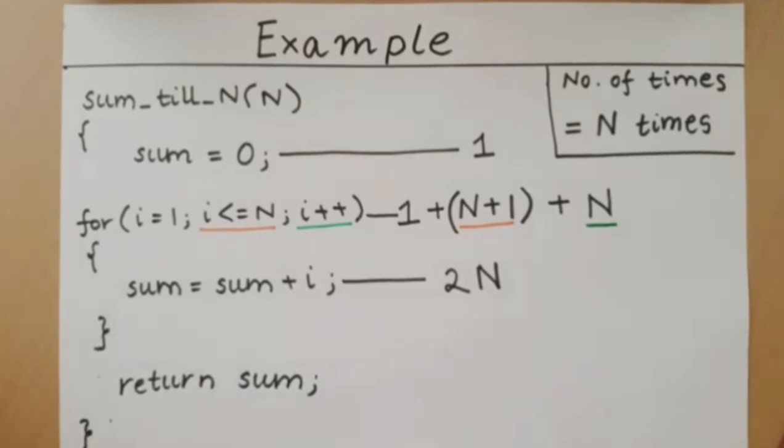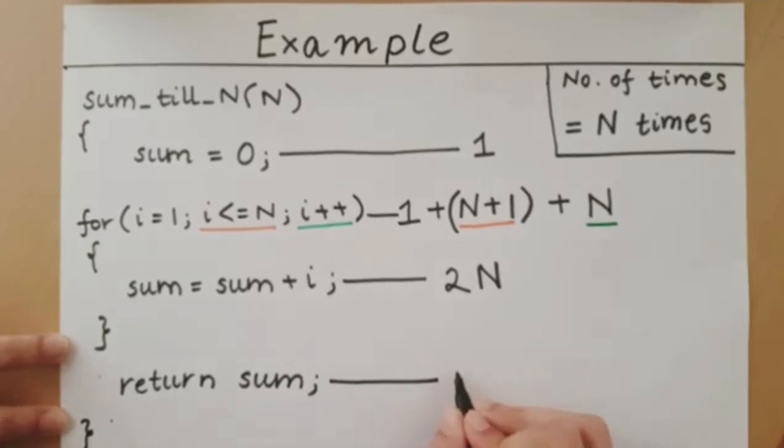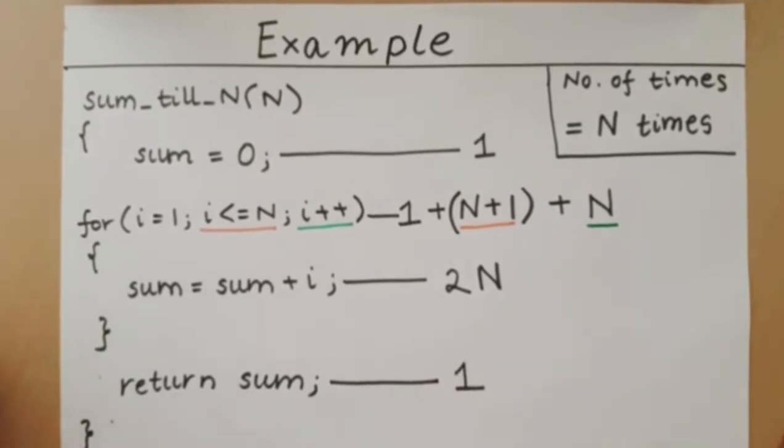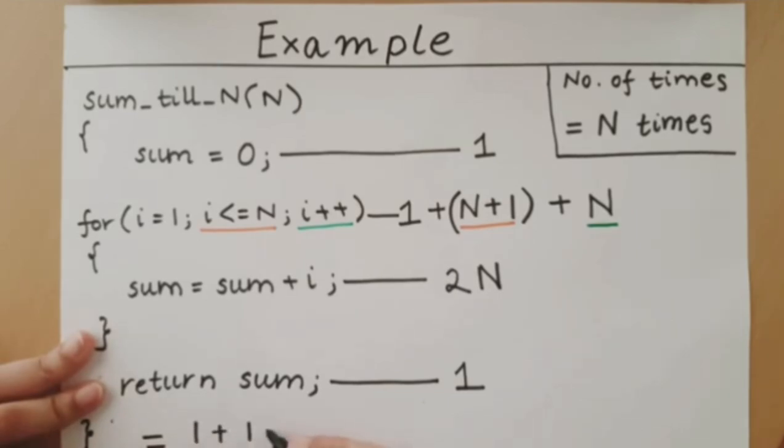Now we have come out of the loop and we have to return sum. This occurs only once and takes one primitive operation or 1 unit of time. Now that we have counted operations throughout this algorithm, let's add it up and see the total time taken by the algorithm. So the total time is equal to 1 plus 1 plus n plus 1 plus n plus 2n plus 1.